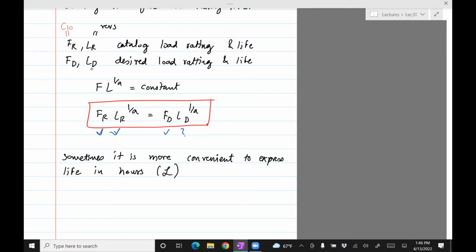I don't think it's a Greek letter. I'll call it abbreviated L, at a given speed in revs per minute.